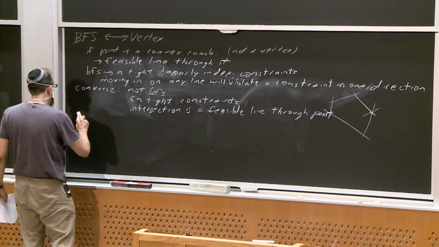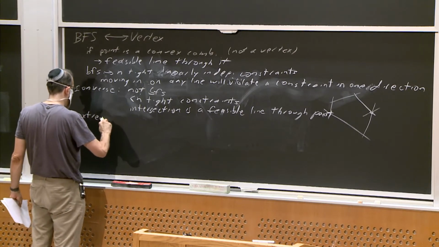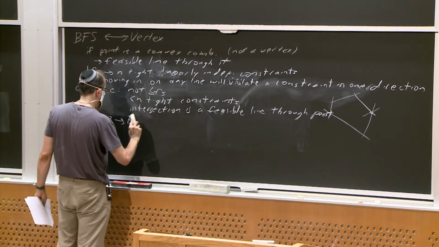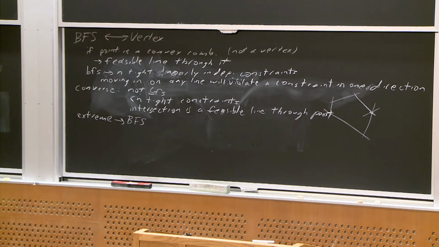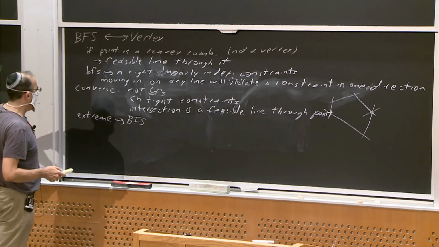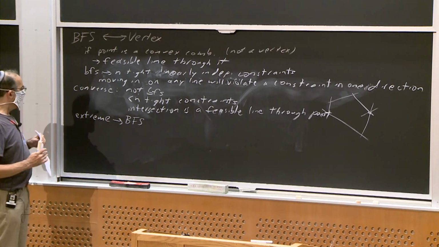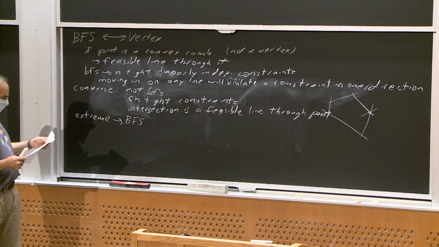So if you're an extreme point, that implies that you are a basic feasible solution. Because, or sorry, is that backwards?